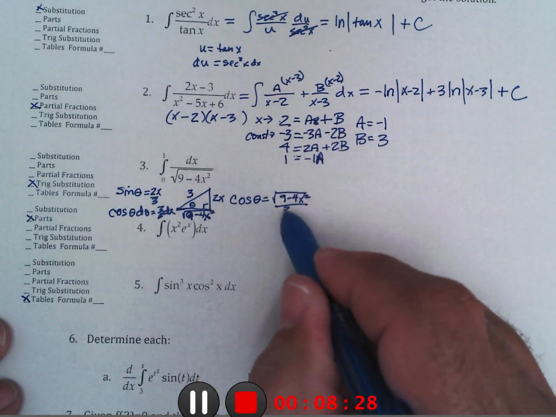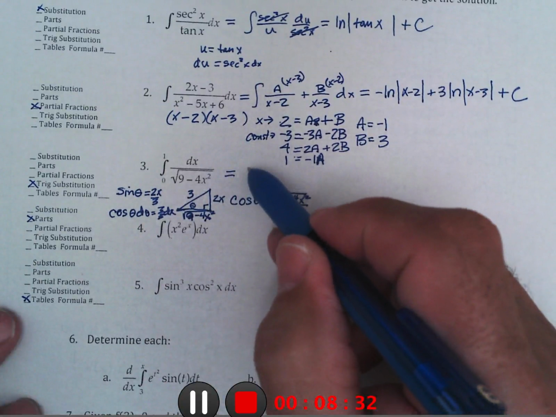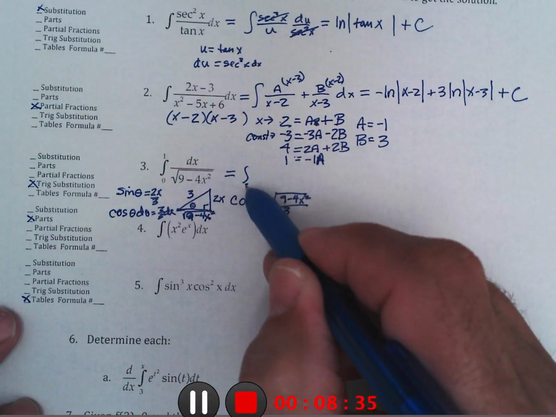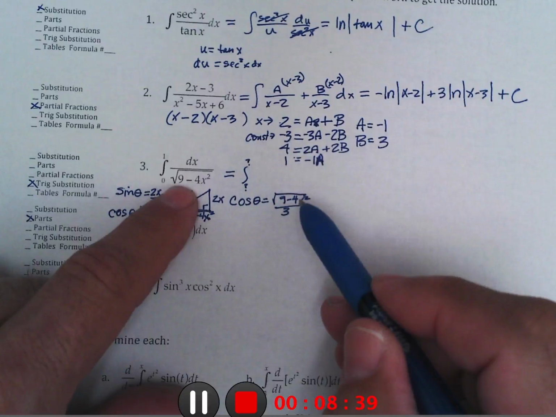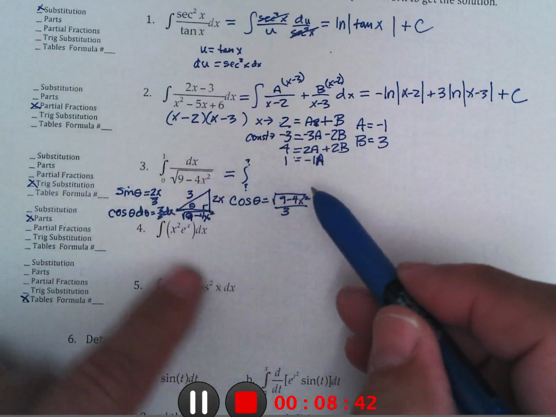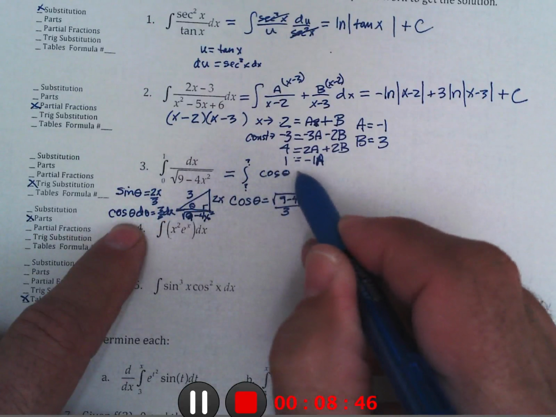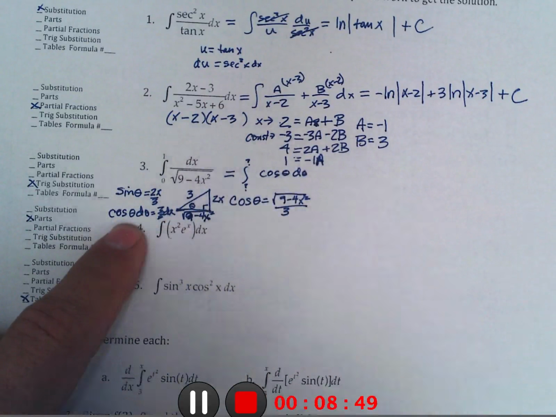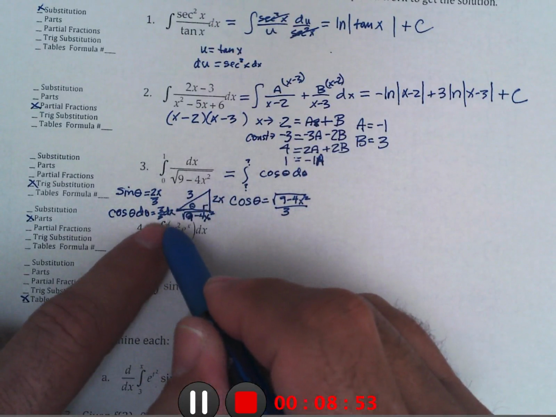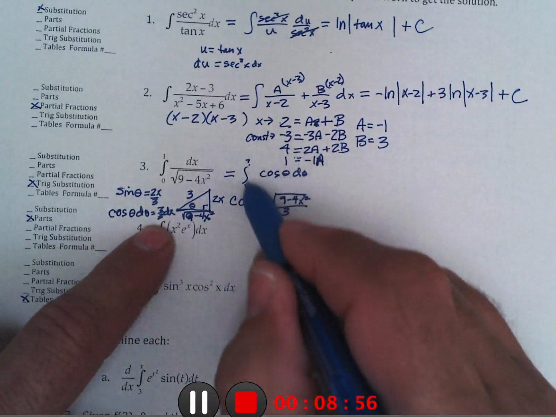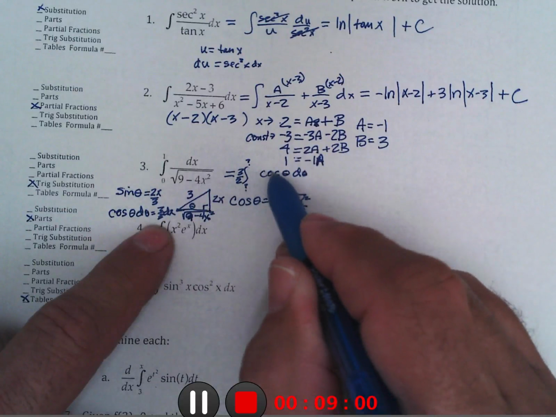And so now this integral becomes, I'm changing variables, so it's not 0 to 1 anymore. Let's see, dx is cosine theta d theta times 3 halves when I solve for dx.